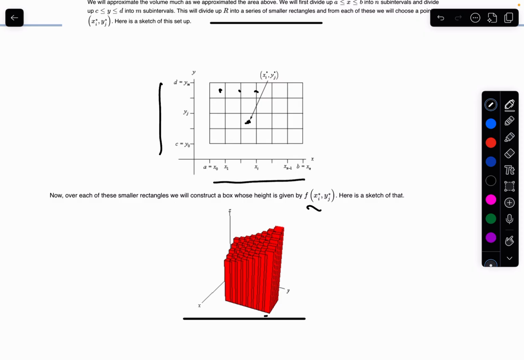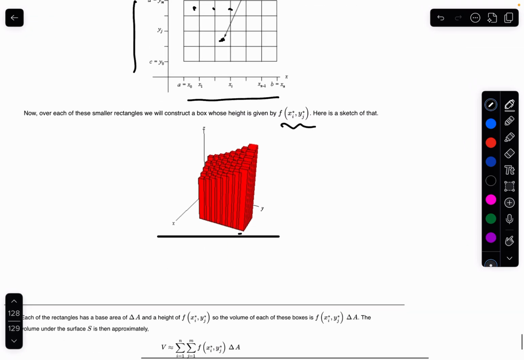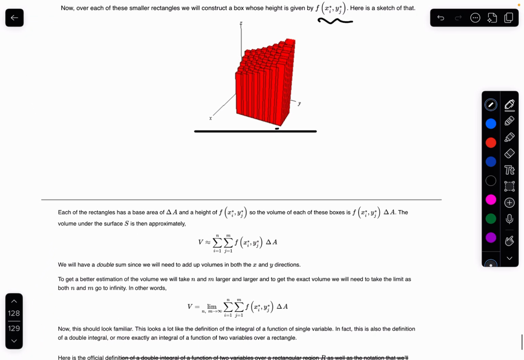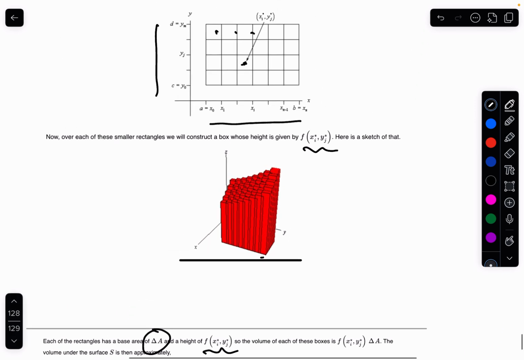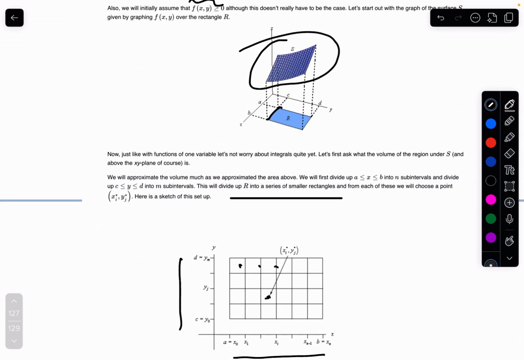So that is the volume of one, and then as n tends to infinity, f(xi star, yj star) is the height, and delta A is nothing but the area of this small square.